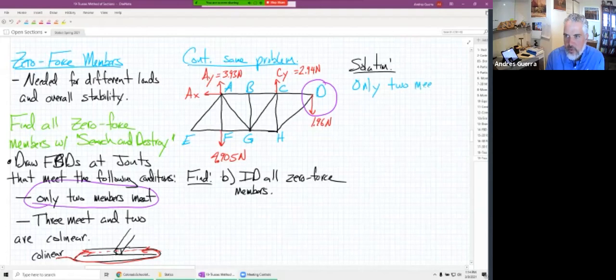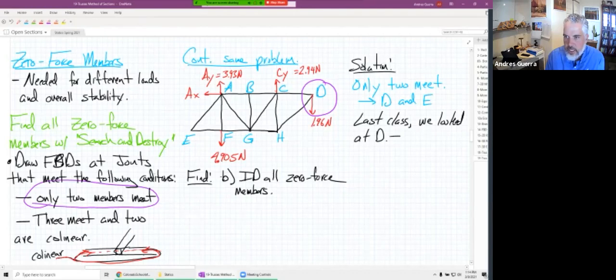Right now, the only places where only two meet are D and E. Last time we already looked at D, and we did not find any zero force members. So no zero force.